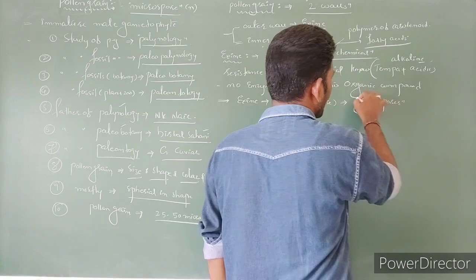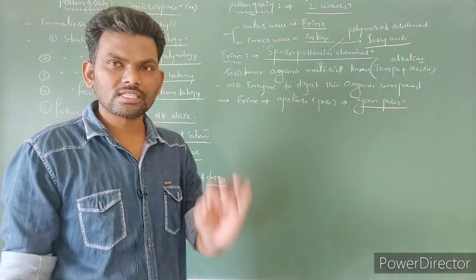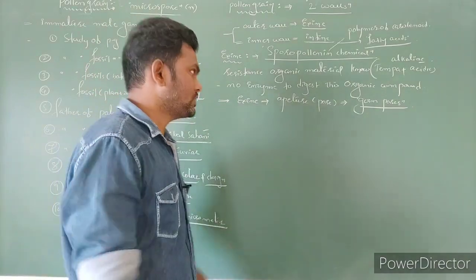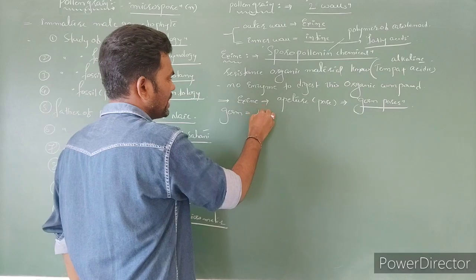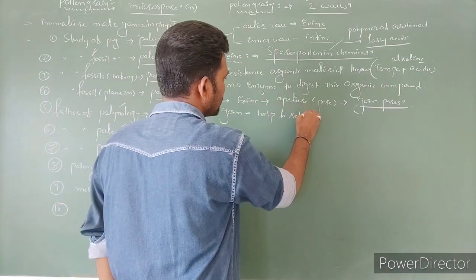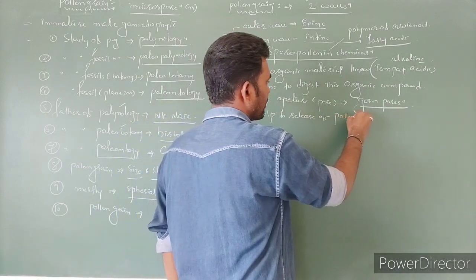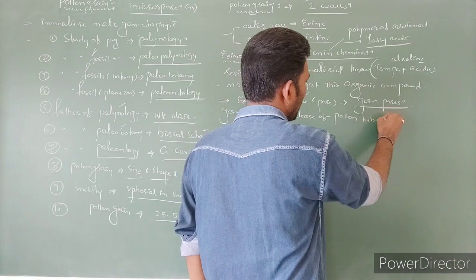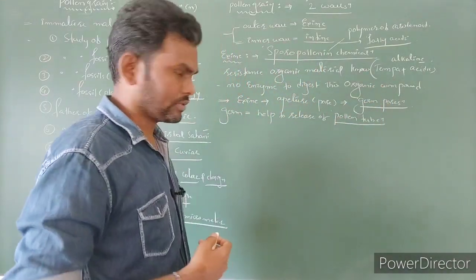In NCERT they are asking the question, what is the function of germpore? The germpore helps in the release of the pollen tube. So the pollen tube is going to come outside only through germpores.